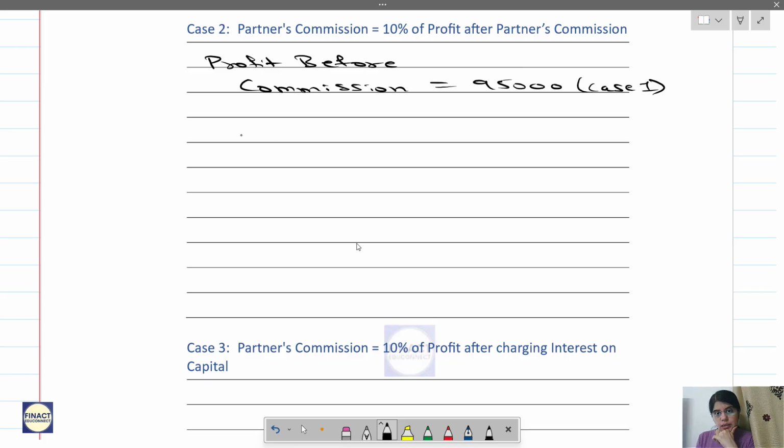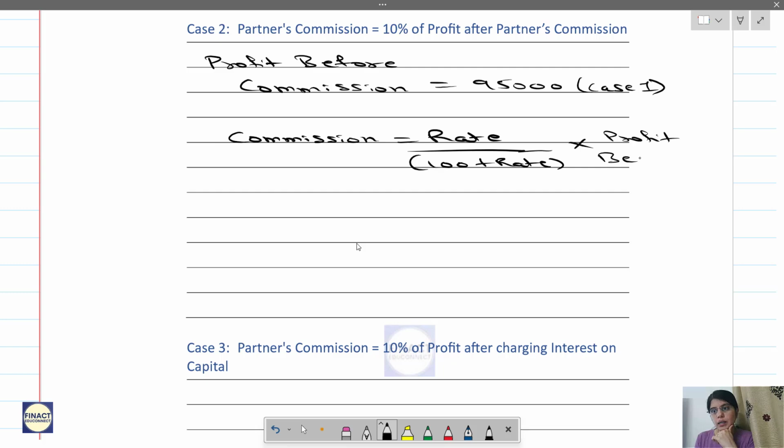Your formula will be commission is equal to rate divided by 100 plus rate, into profit before commission. So before deducting commission, commission on profit after commission. Correct? This is the formula we have learned last year.